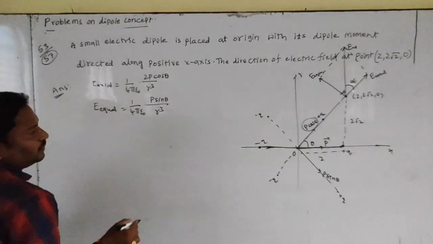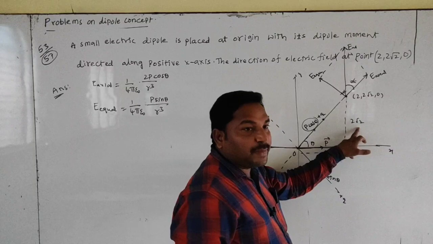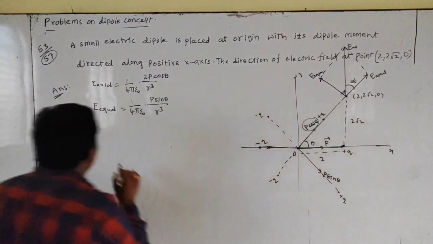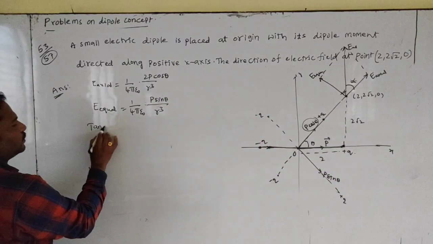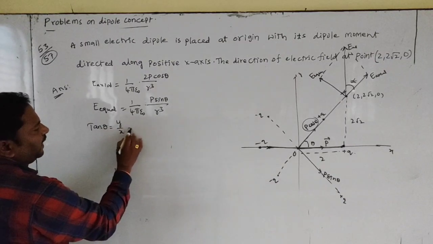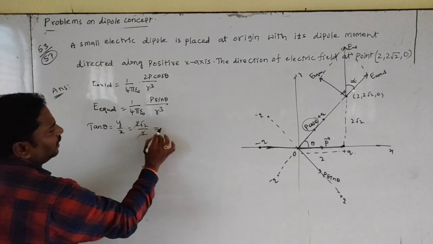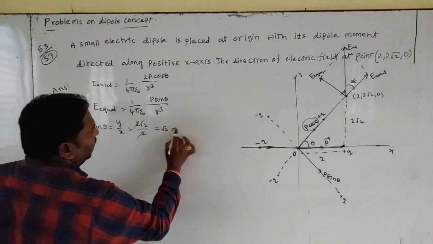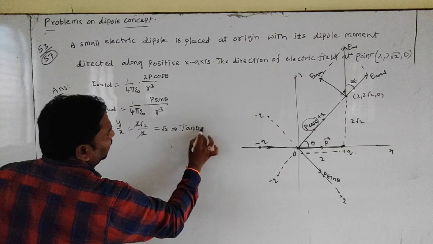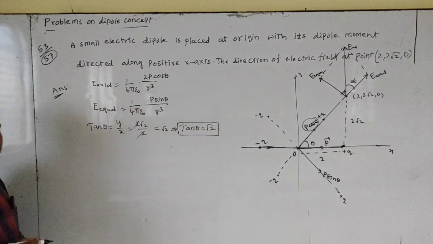So now here tan theta equals opposite side by adjacent side. Now tan theta equals opposite side, let's call it y, by x, 2 root 2 by 2. The 2 cancels, so tan theta equals root 2. This is the answer.